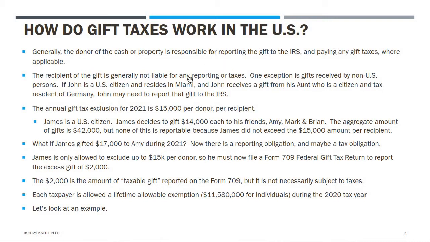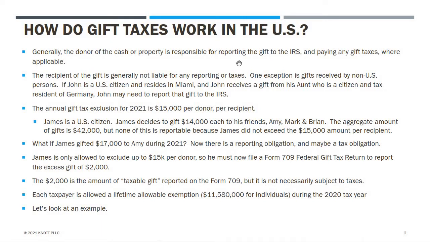I've got a slide here in front of us, and then I've got a Form 709, an actual gift tax return, another very simple one that we'll go through just to illustrate the main points here. So first point to remember is the donor of the gift is the one that's responsible for reporting the gift, if applicable, and paying any gift taxes, okay? It's not the recipient.